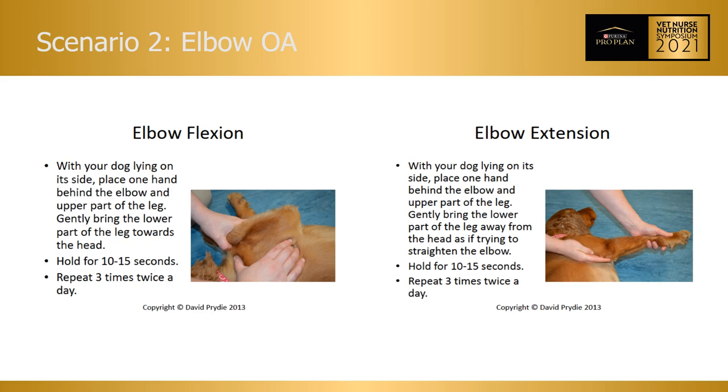So after we've used the warm wheat bag or the warm wet flannel over the joints to help with pain relief and to help warm the joint and the muscles and the tendons surrounding those elbows, what we'll do is we will use one hand to support the elbow. So we'll place it behind the elbow and then we'll use the other hand to flex and extend those joints.